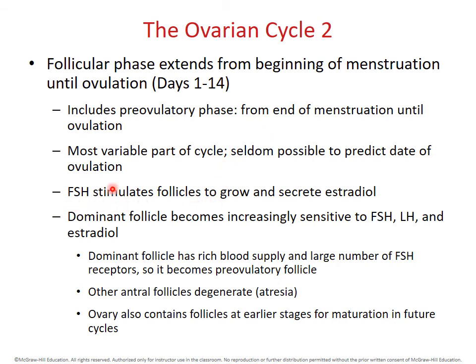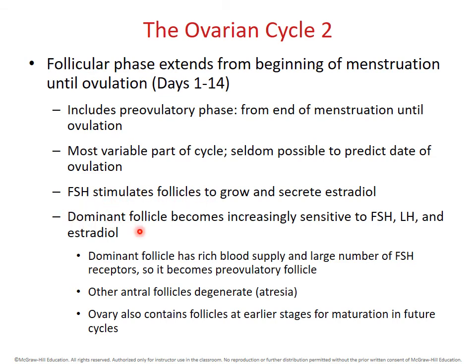Again, FSH, follicle stimulating hormone, is the important hormone that stimulates this dominant follicle to grow into this final pre-ovulatory phase. And that's, of course, where the name follicle stimulating hormone comes from, because it is the hormone that stimulates this final development at the end of the 14-day cycle for that dominant follicle to get ready for ovulation.